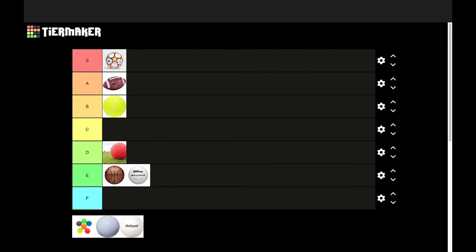Yes, but I don't follow what you're saying because I feel like the difference is so small between both of them. Both of them have about the same sizes, and their masses aren't too far off from each other. So I don't see the harm in putting them in the same tier.